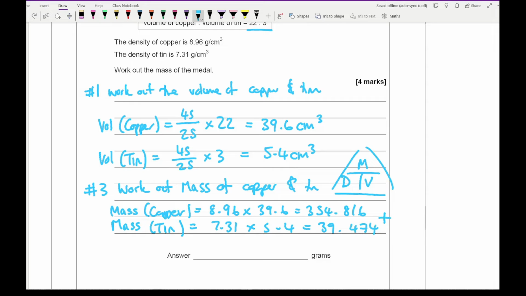And then all I then need to do is add these two numbers together. So let me just highlight what I'm adding together, add them up, and you should have an answer of 394.29.